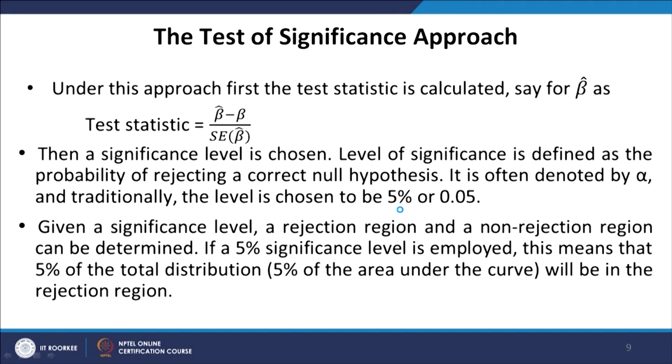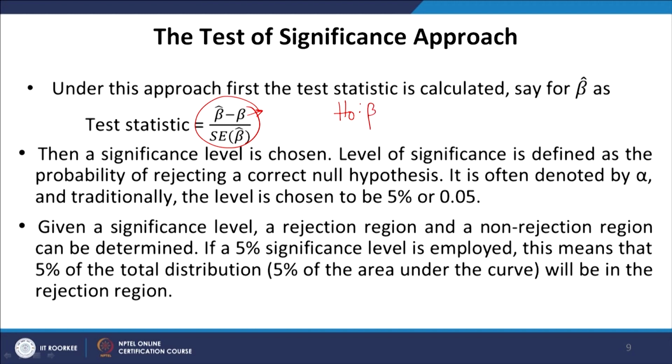Under this approach, first the test statistic is calculated. Say for beta hat, the test statistic will be beta hat minus beta divided by the standard error of beta hat. Now, you would say that we do not know the value of beta. So, for that we have the null hypothesis, and the null hypothesis is always about beta.